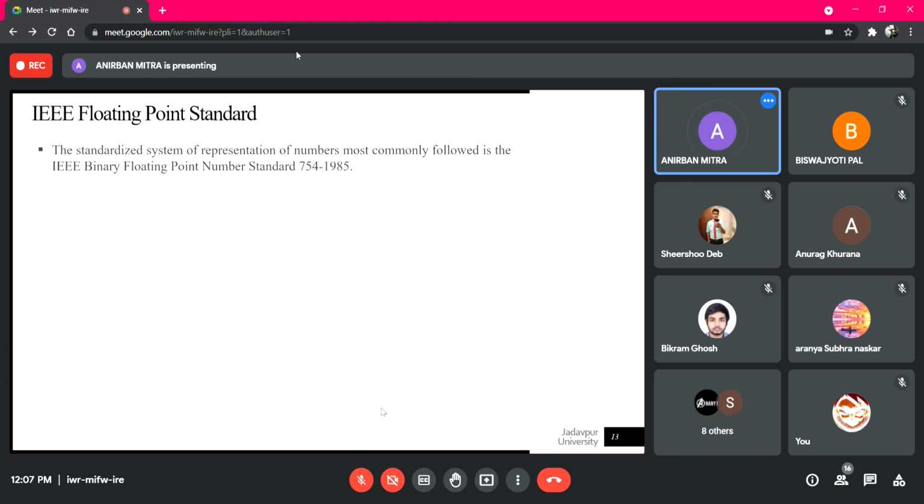The number format for that would be different from a computer manufactured by some other manufacturer. Let's say your friend has a Mac. The format for storing real numbers in that computer would be different.